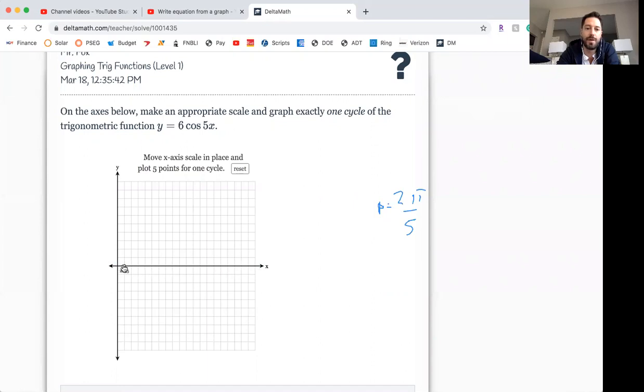You could have gone maybe 1, 2, 3, 4, 5, okay, and plotted the points.